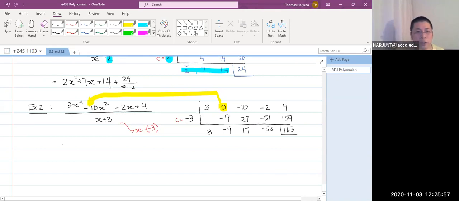So the quotient is 3x cubed, 1 degree less. Degree was 4, now becomes degree of 3. Minus 9x squared plus 17x minus 53 plus 163 over x plus 3.